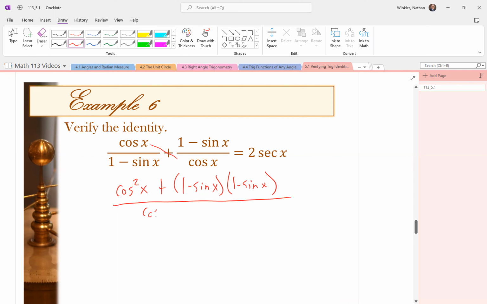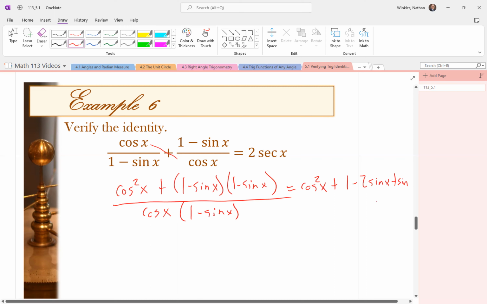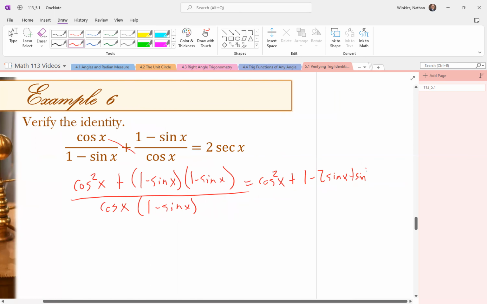This is all over cosine x times 1 minus sine x. So we need to FOIL out that numerator. So we get cosine squared x plus 1 minus 2 sine x plus sine squared x.